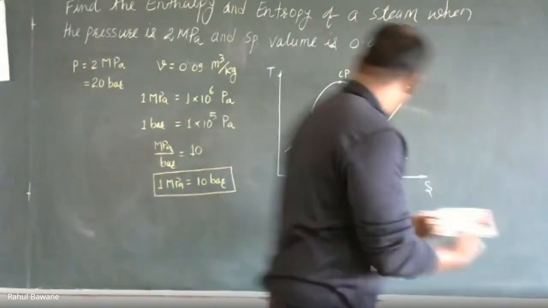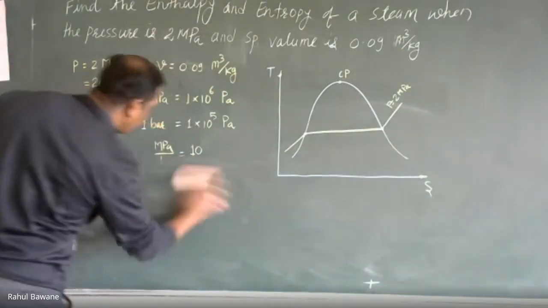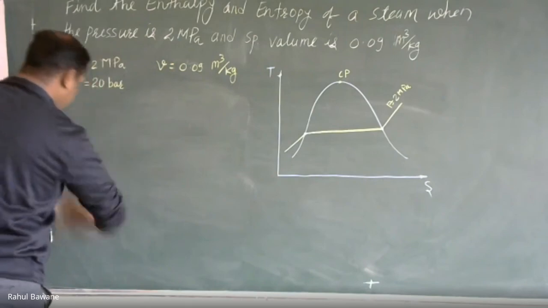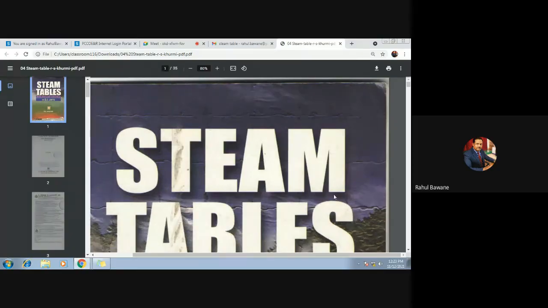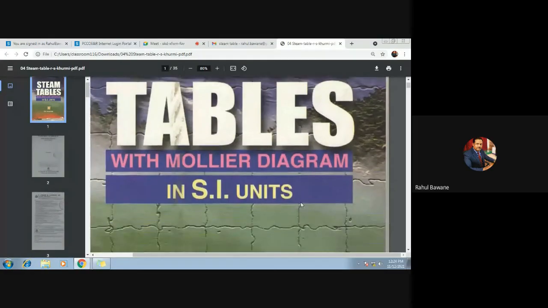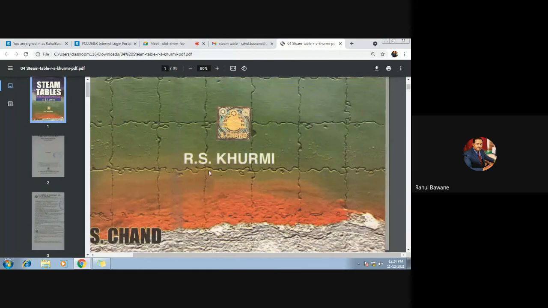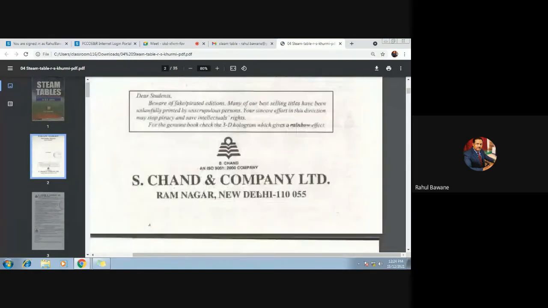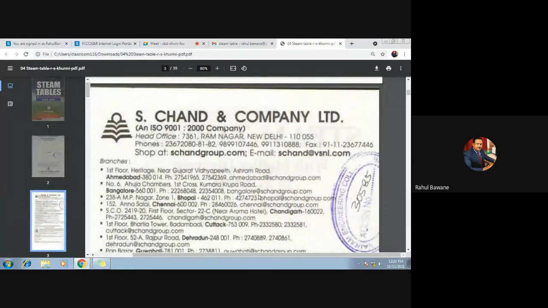Now let us see how to calculate the required enthalpy and entropy. This is the steam table, most commonly used by universities. It is by R.S. Khurmi. So it is suggested to have this steam table.